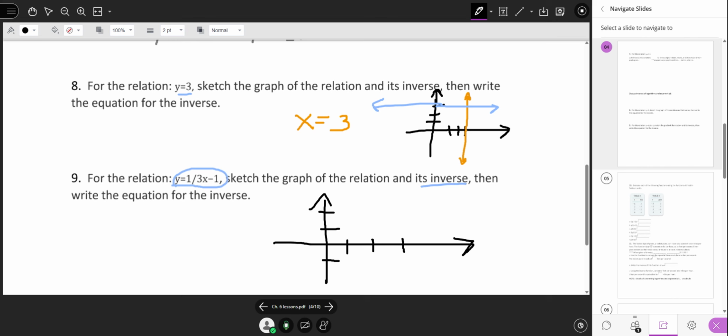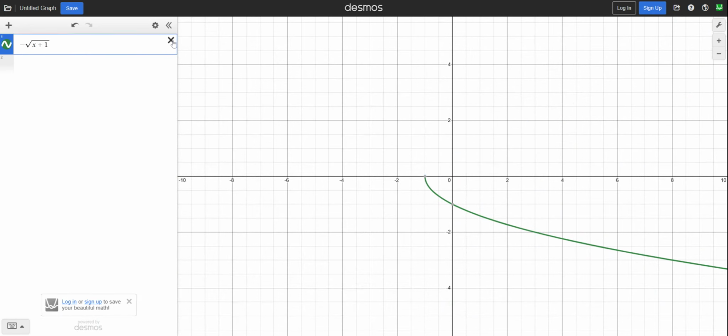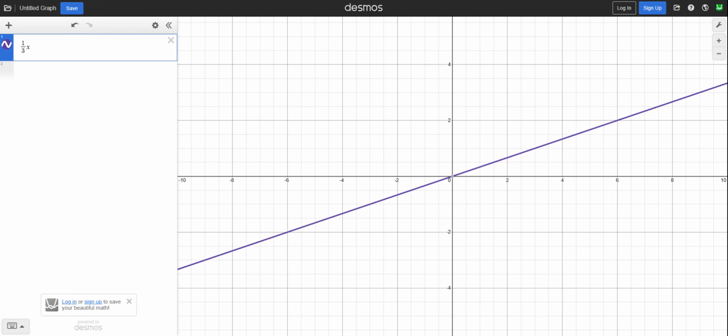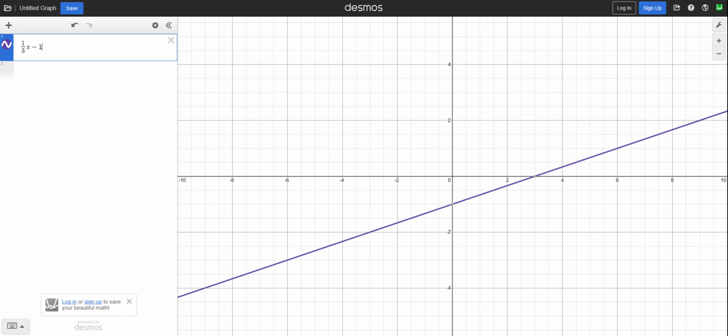It's going to be funny how easy this is. One divided by 3, x minus 1, okay? 0, negative 1, 3, 0.